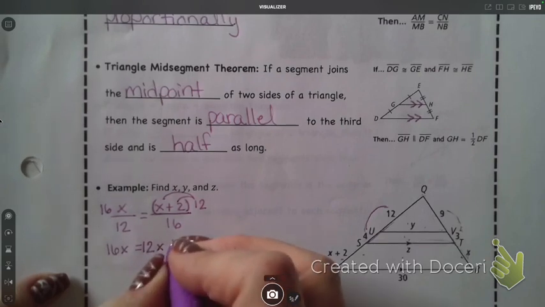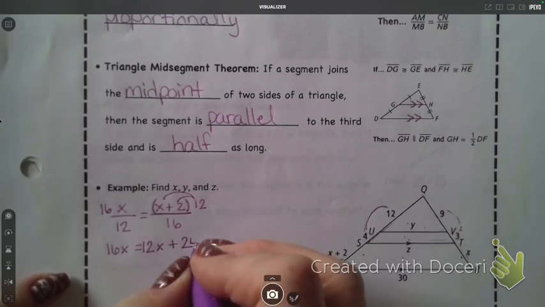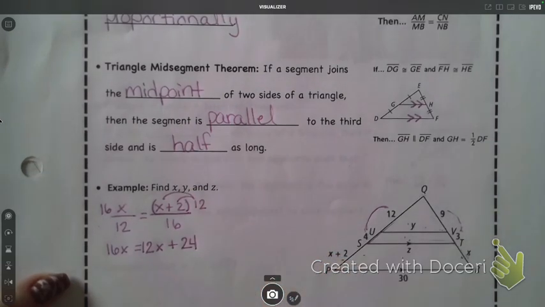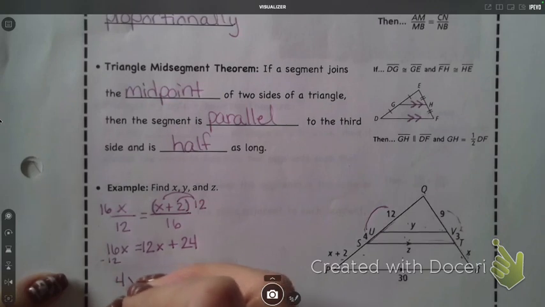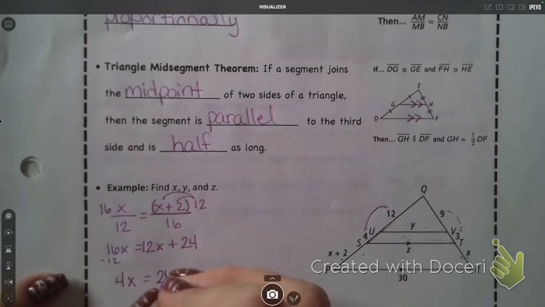Good job for doing that. So now do I have a basic algebra problem? So minus 12x, so 4x equals 24. Divide by 4. So x equals 6.